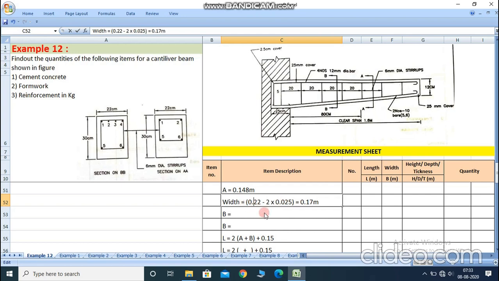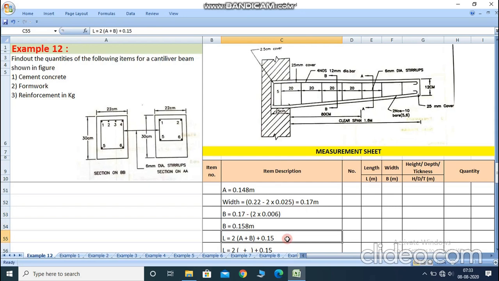So we got answer 0.17 meter. Now we calculate the value of B, 0.17 minus 2 times diameter of the stirrup, 0.006. So we got answer 0.158 meter.